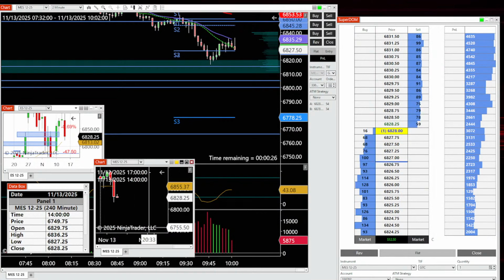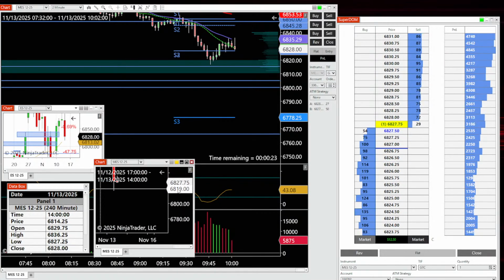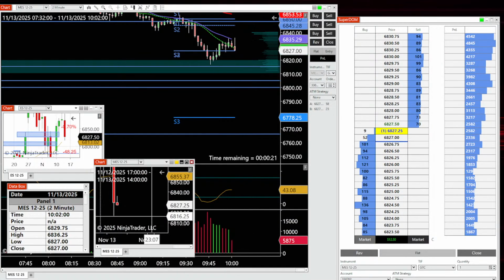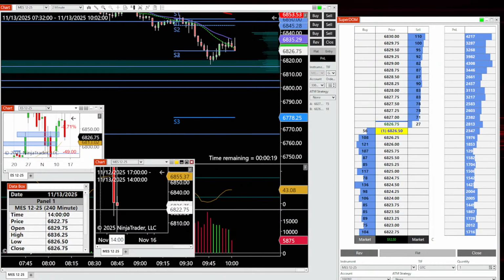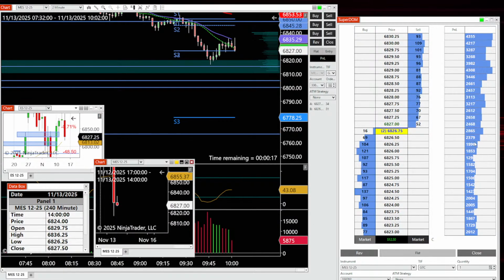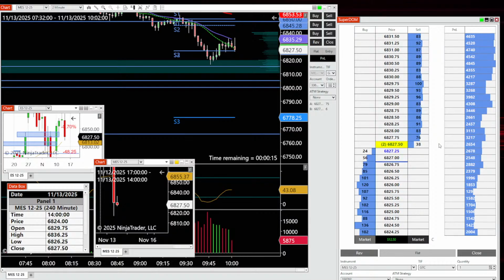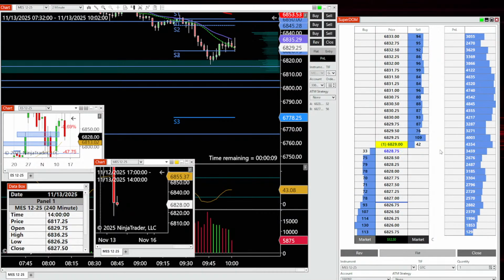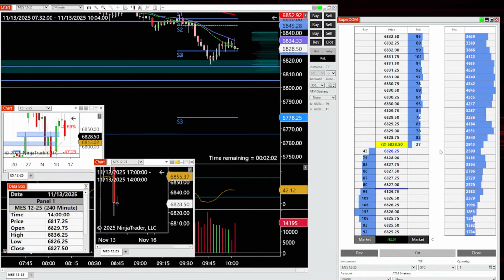Oh, and a 4-hour bar opened up. 10 o'clock, 4-hour bar just opened up. 29.75. The low is 26 and a quarter. Which way is it going? Open at 29.75.